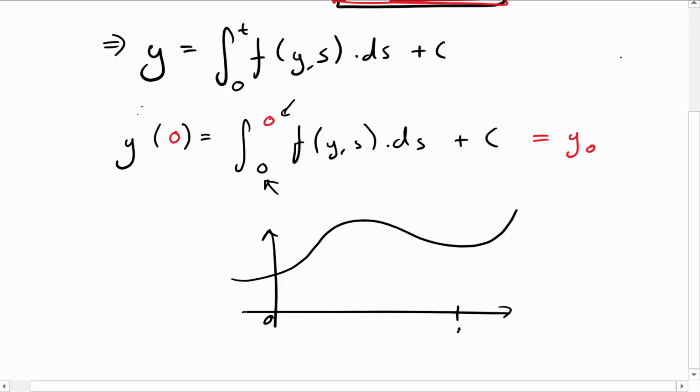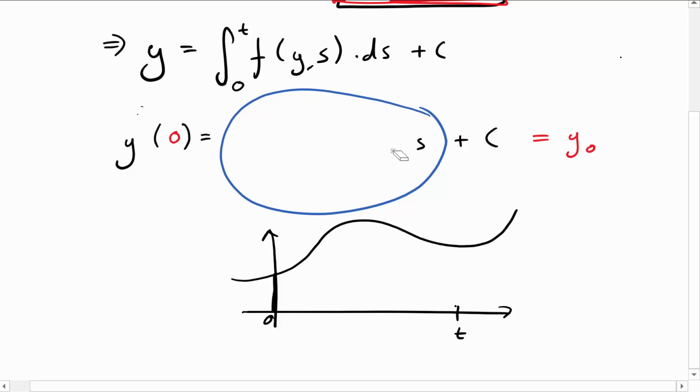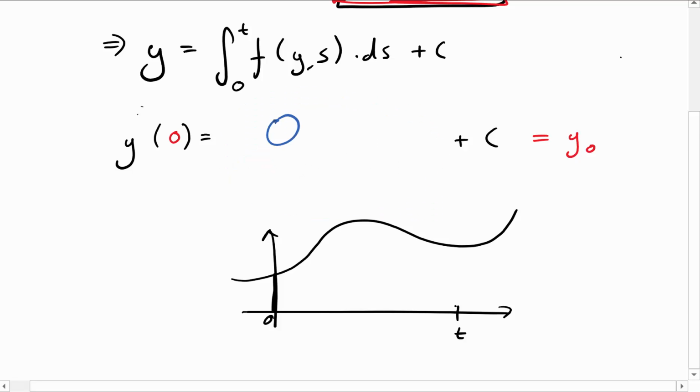So if it was from 0 to t, say if t was over here, then I'm finding that area underneath there. But what this is saying now is that I'm finding the area under the curve from 0 to the same point 0. So in other words, I'm not moving. I'm just finding that line there. Well, what is the area of a straight line? It's 0. So this integration in here is 0, because I'm going from 0 to 0. Given these initial conditions, this is 0.